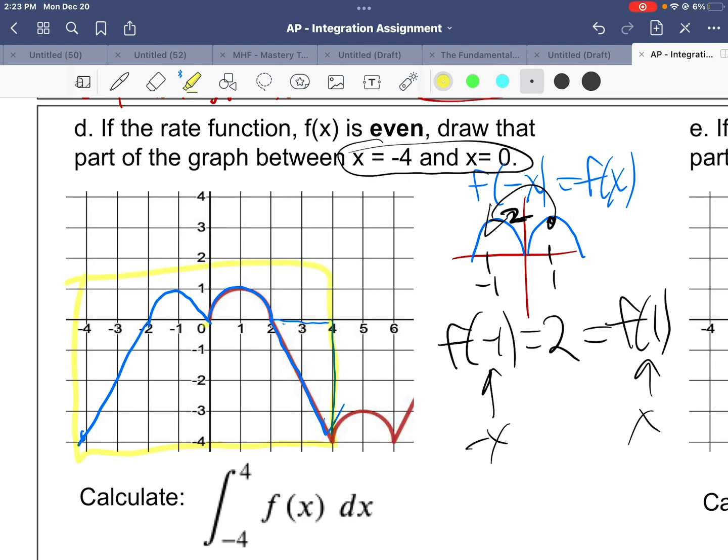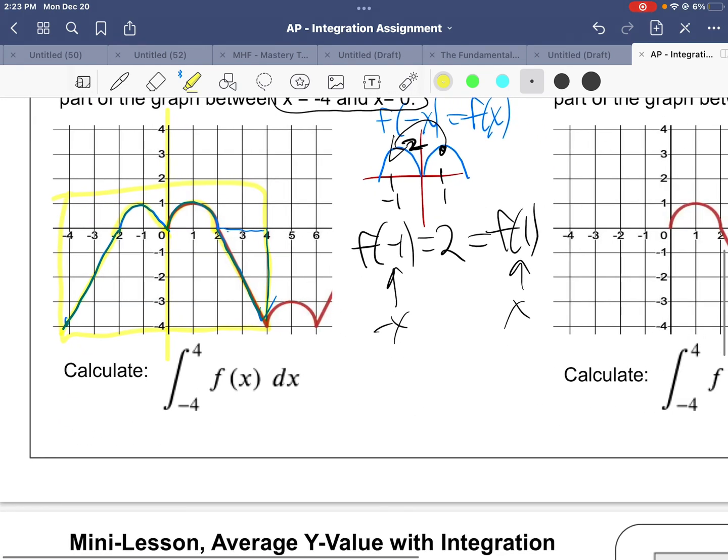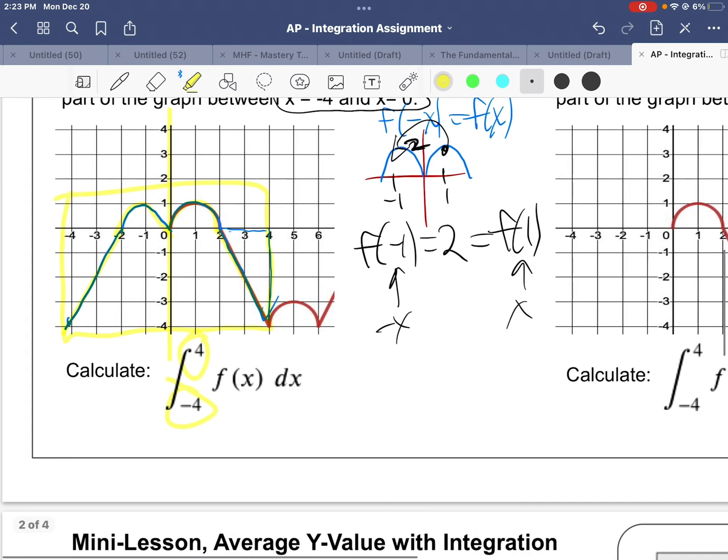Okay, so there's f at x. That's f at -x. There's f at x. There's f at -x. It's reflected across the y-axis. Okay, there's a reflection across the y-axis. Then the question is, what is the area from -4 to 4?